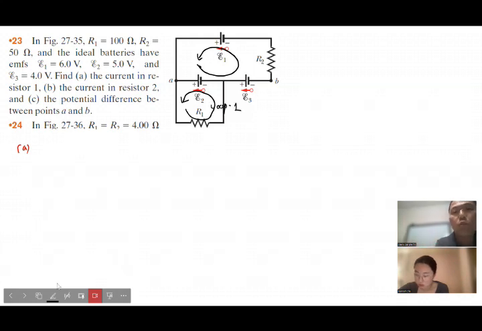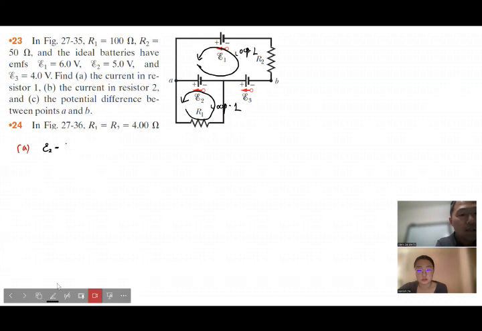This one could be loop 1, that's loop 2. If you look at loop 1, along the current path with the orientation of loop 1, you can find out the potential rise and the potential drop by the battery EMF and resistor R1.